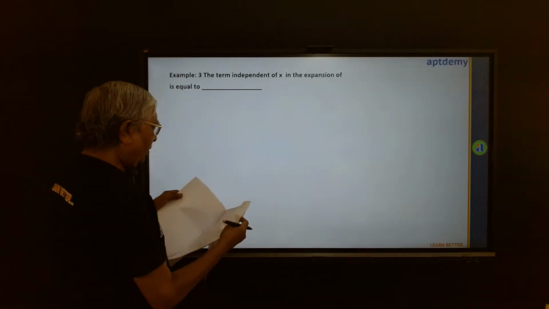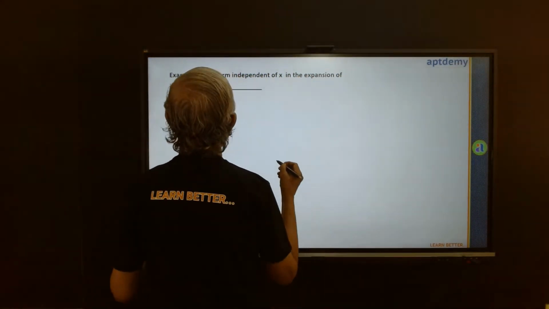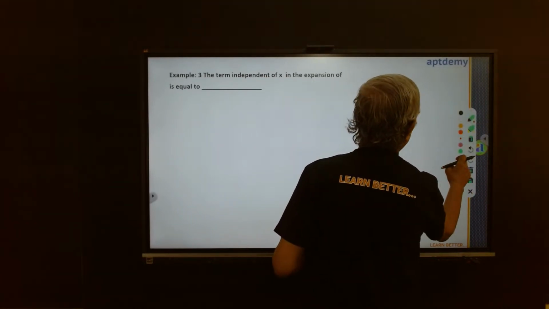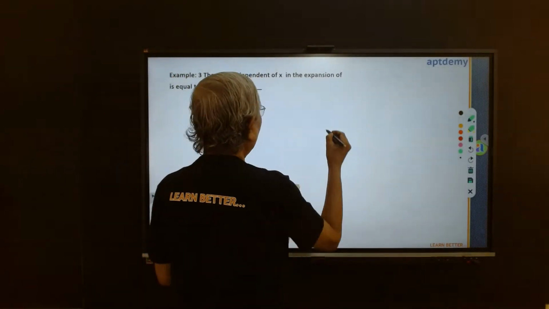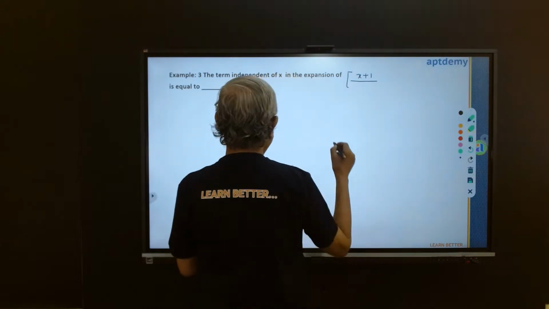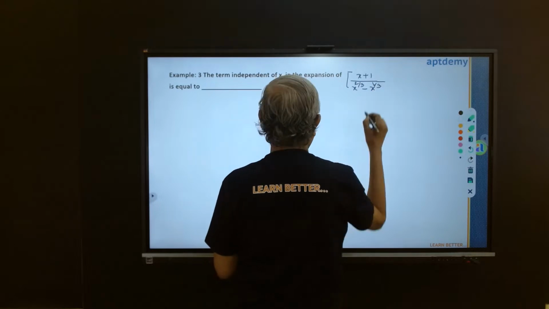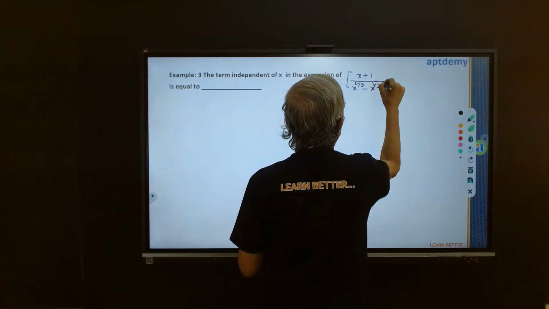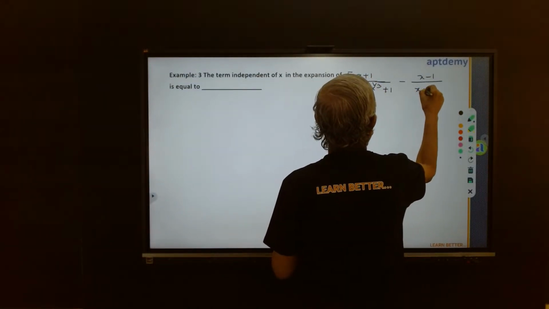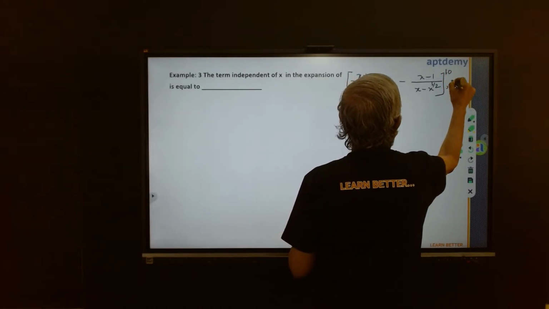So first let us write the expansion: the term independent of x in the expansion of (x plus 1)/(x to the power 2/3 minus x to the power 1/3 plus 1) minus (x minus 1)/(x minus x to the power half), whole to the power 10, provided x is not equal to 1.